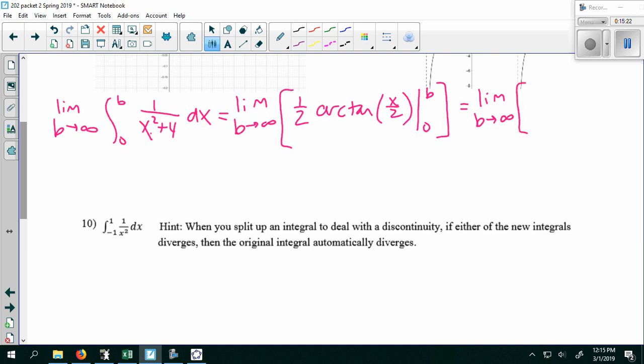So when I plug in a b, I get 1/2 the arctan of b over 2 minus, then I'm going to plug in the 0, 1/2 the arctan of 0.